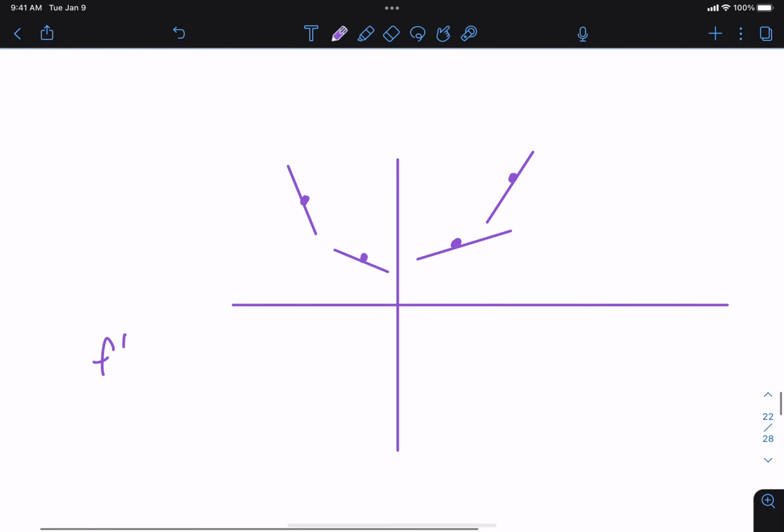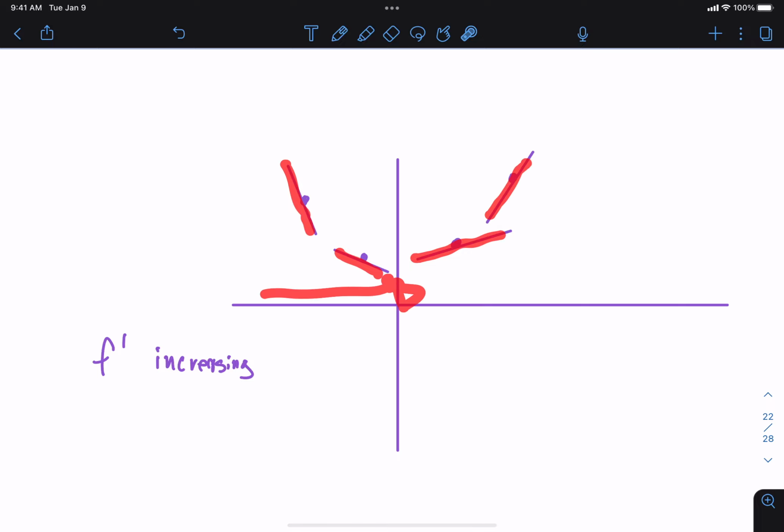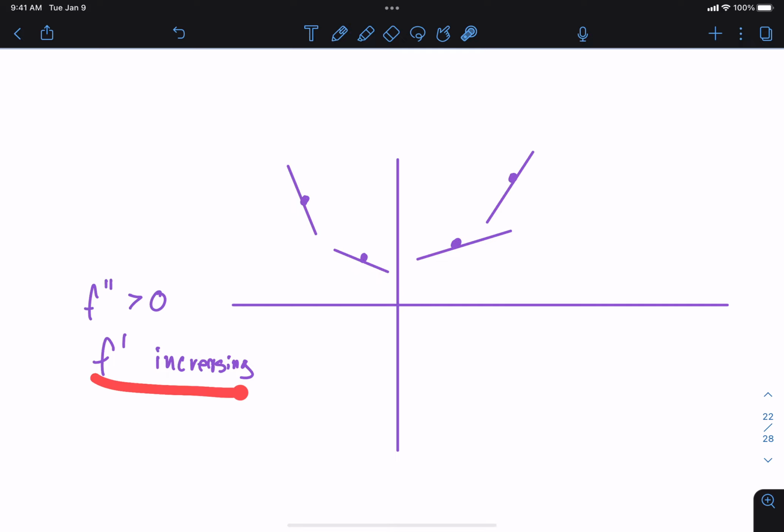F prime, as we move from left to right, is increasing. Yes? Because this is a negative slope. This is a negative slope, but not as negative. This is a positive slope, and then finally we have a more positive slope. So as we move from left to right, f prime is getting bigger, right? So f double prime is positive, means f prime is increasing, means f of x is what?